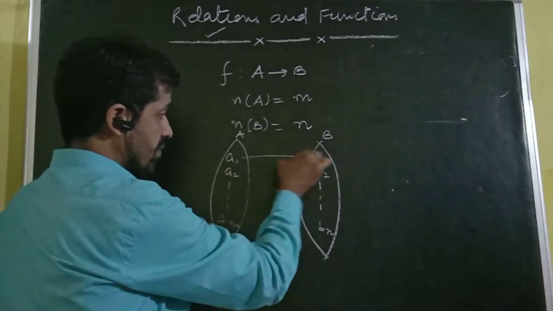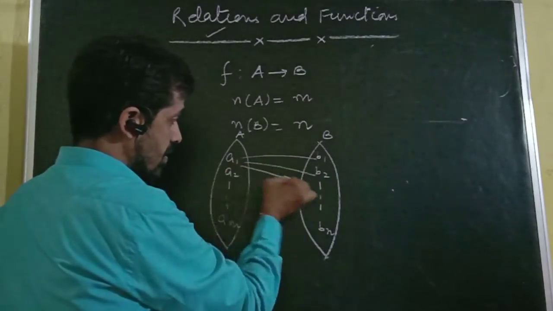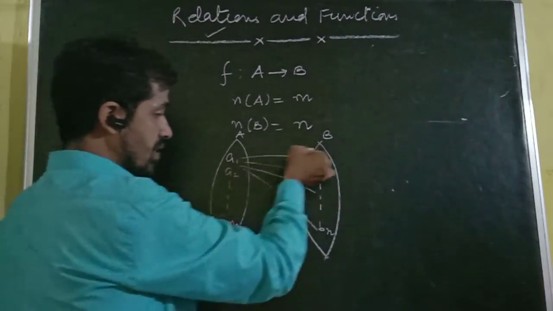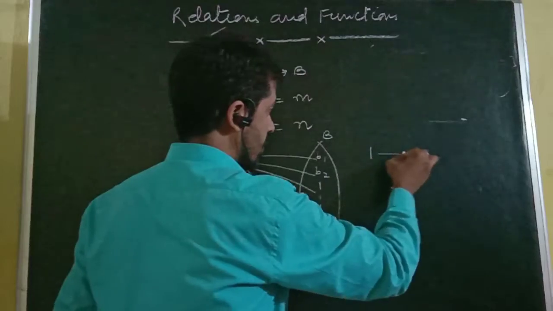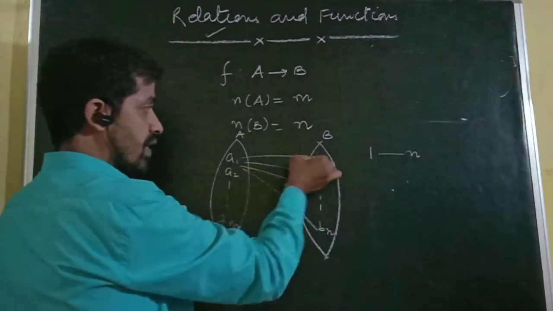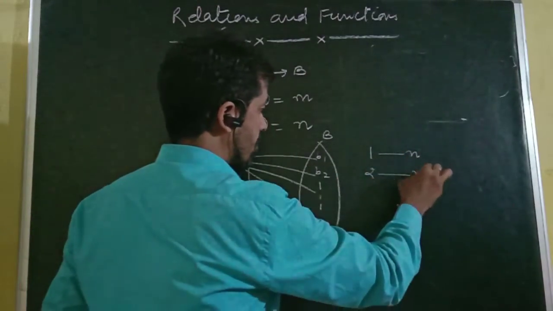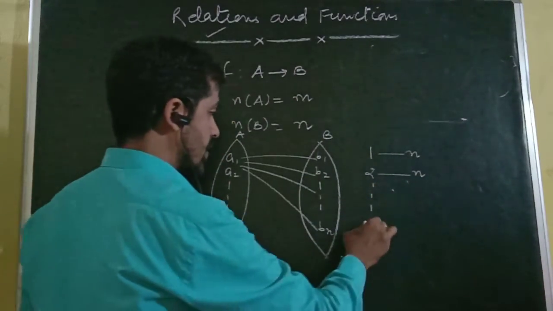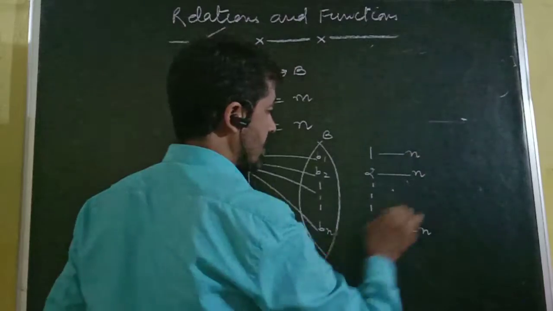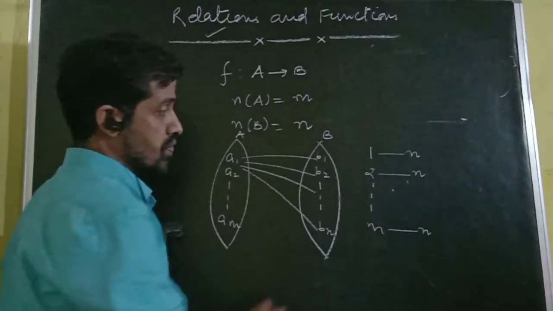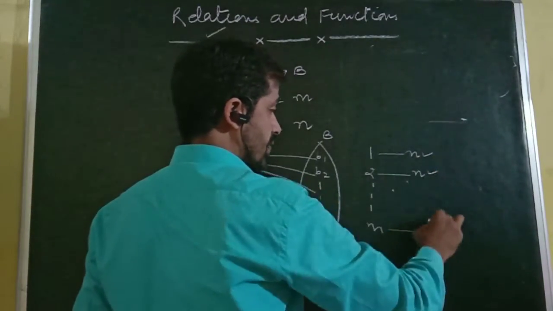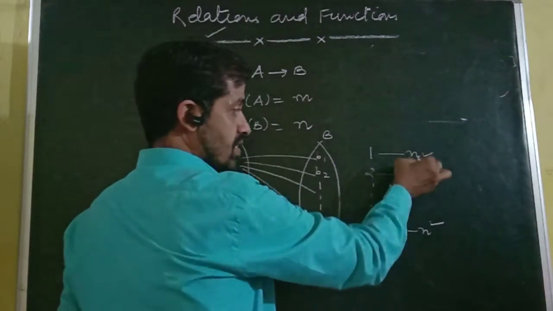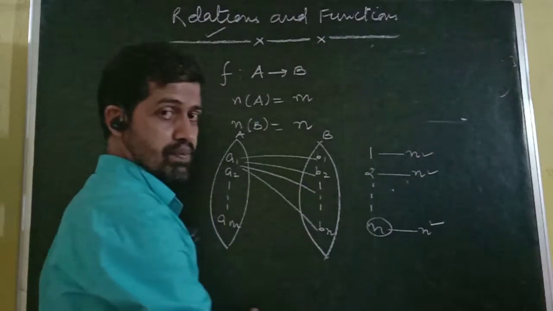So this element can be related in n number of ways. See, first element is related in n number of ways. Second element can also be related in n number of ways. This way, when we proceed, so mth element is also related in n number of ways. So this n is repeated m number of times.